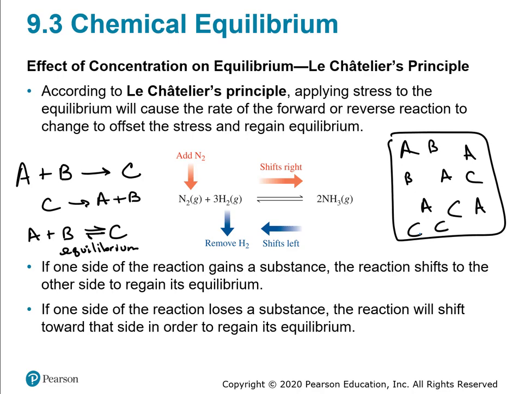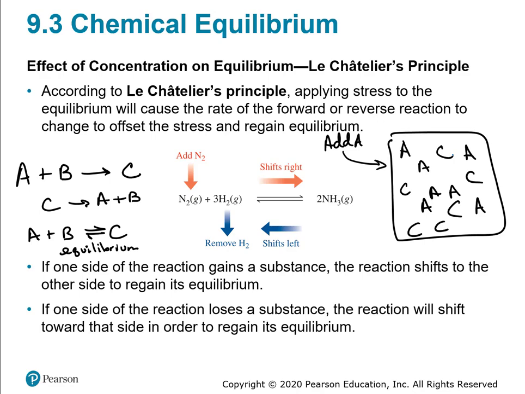So if I add a bunch more A, some of those A's will react with remaining B and make C. This one and this one combine and make another C. This one and this one combine to make another C. So the forward reaction will occur to try and balance it back out again.